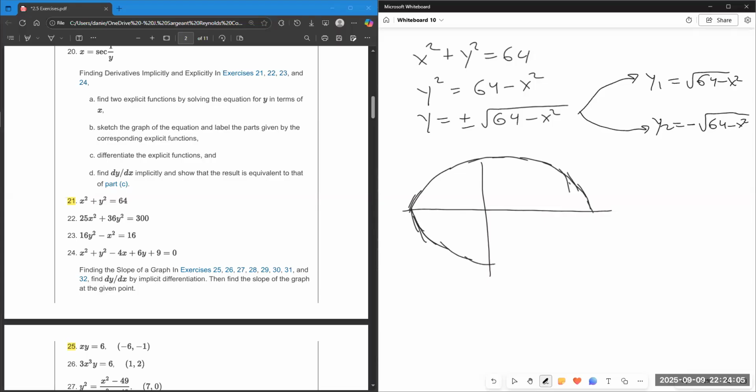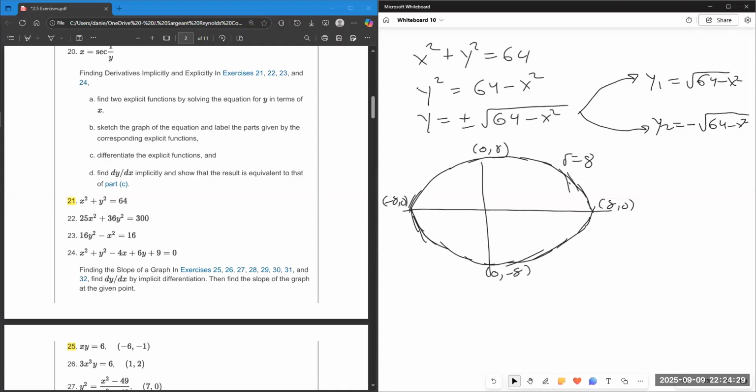I'm not great at drawing circles by hand without a compass, so you should have -8, 0 for this point, 0, 8 for this point, 8, 0 for this point, and 0, -8 down here. But this should be the equation of the circle r equals 8.